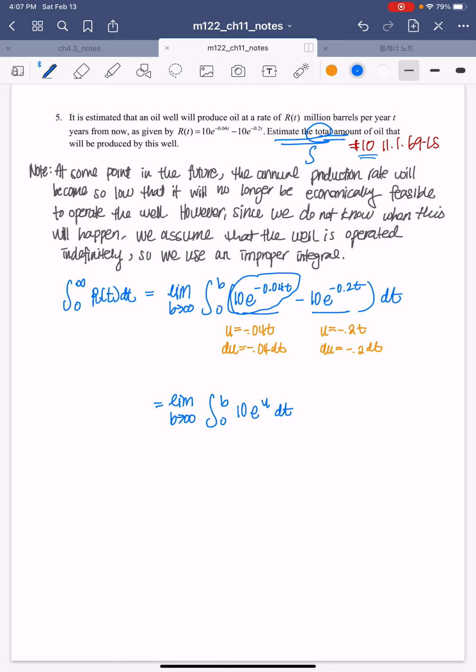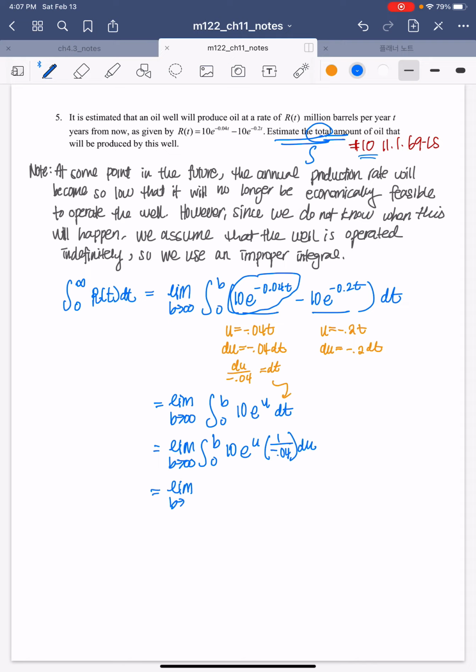If I continue and solve for dt, I need to have du over negative 0.04. So that's what the substitution will do. So my limit as b approaches infinity, 0 to b, 10 times e to the u, and then you have 1 over negative 0.04 du.